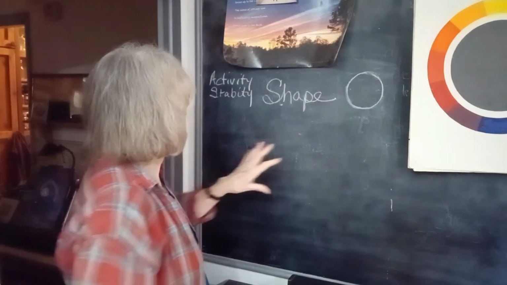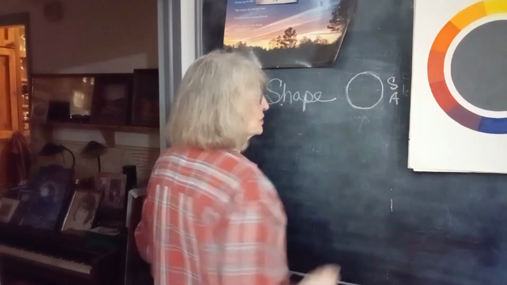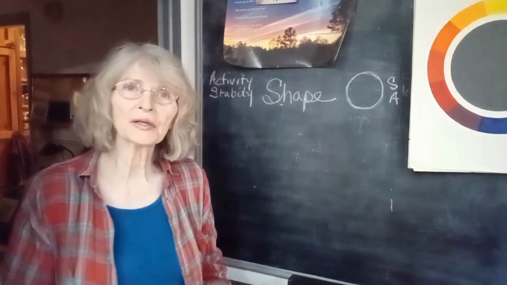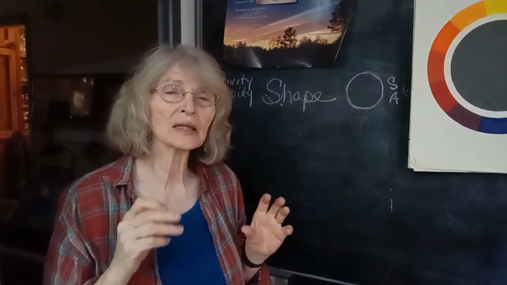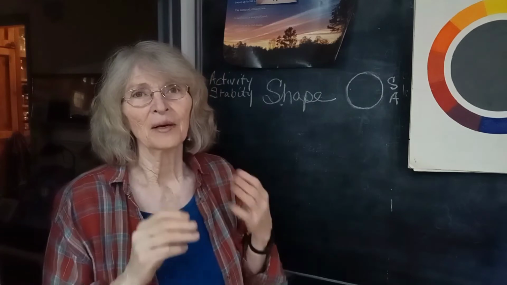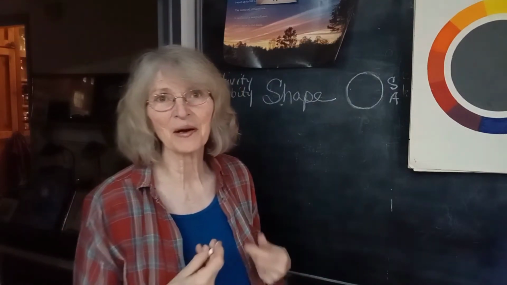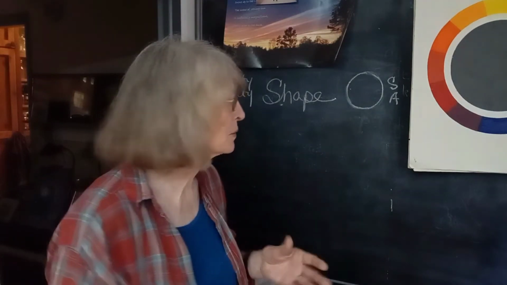This is a stable, active shape. When you turn it into an oval, it loses a little bit of its stability and a little bit of its activity. But as a whole, circular shapes are very active and very stable.